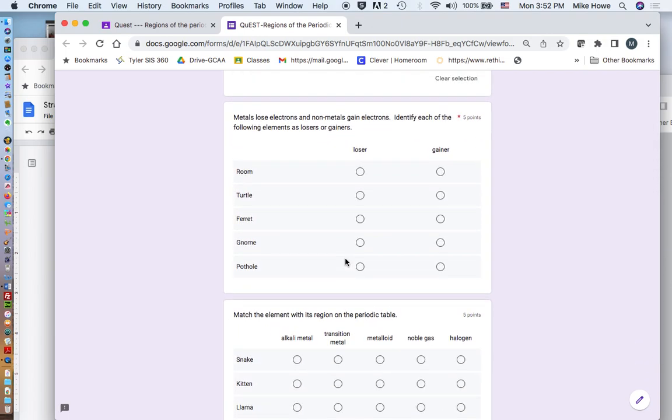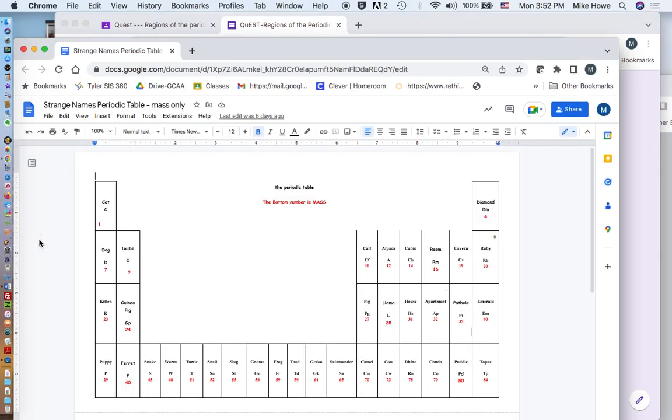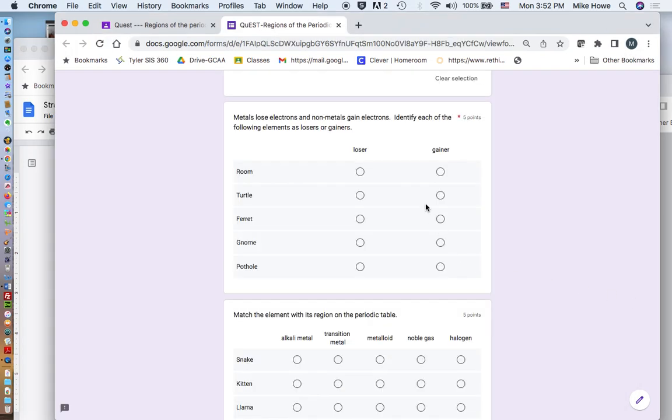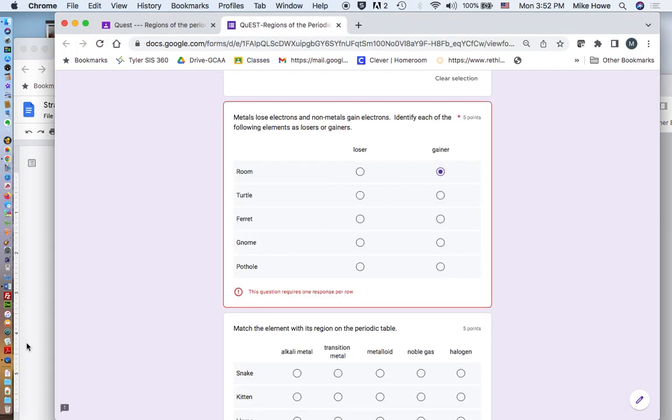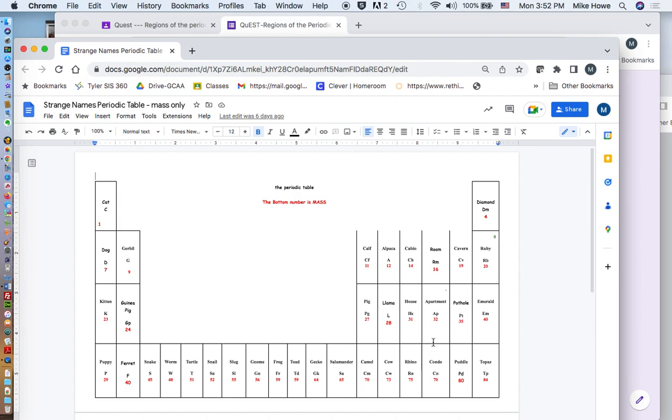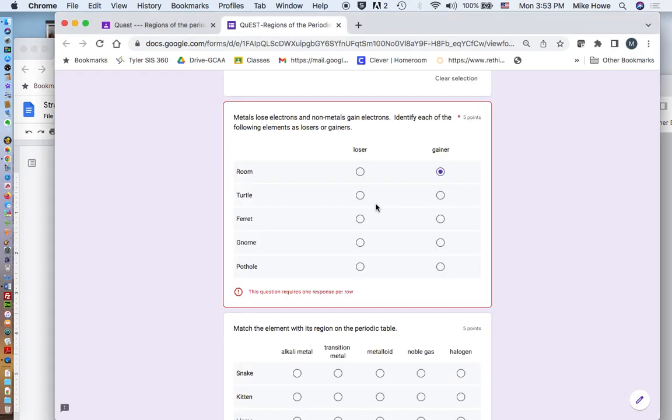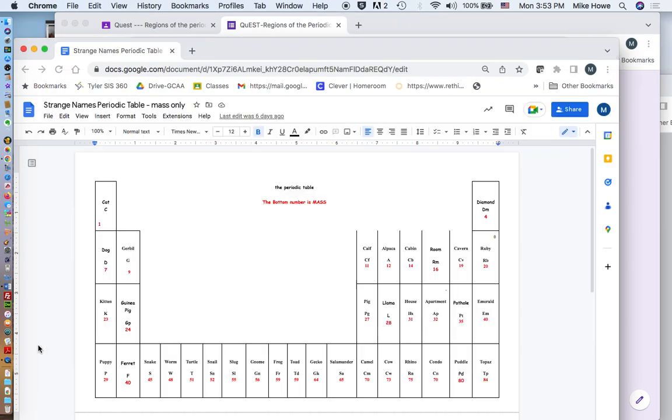Okay, metals lose electrons and nonmetals gain. Are they losers or gainers? So rheum is over here, on the nonmetal side, so that'd be a gainer. Turtle is right here, on the metal side, so that'd be a loser. Ferret is over here on the metal side, so that would be a loser.